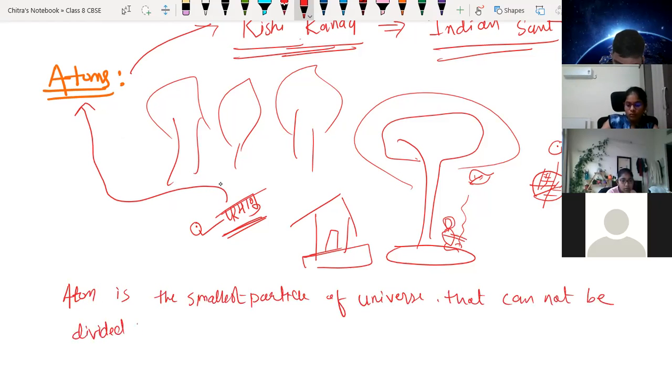And all the matter around us is made up of such tiny particles called atom or Parmanu. So this is all about the atom according to Rishi Kanad.